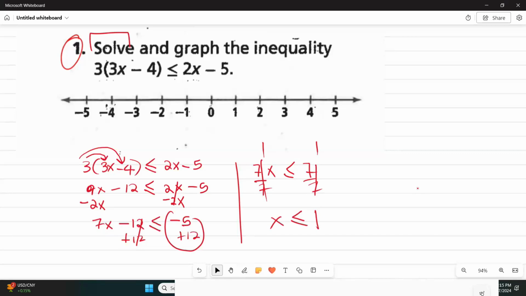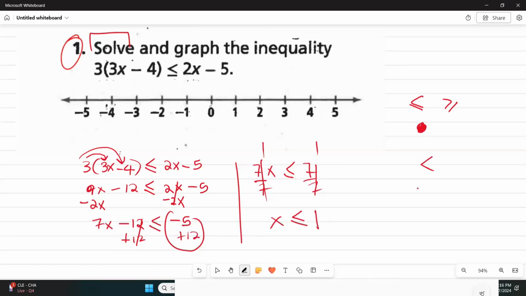What I'm going to do after this is represent this on my number line. If you don't know, let's do a quick review. If I have a bar under my inequality, I'm going to represent that with a solid circle.